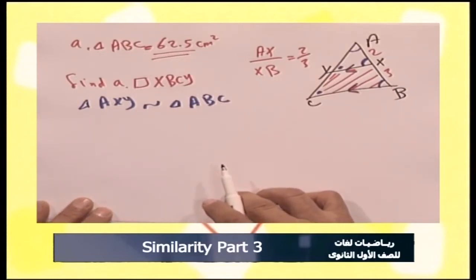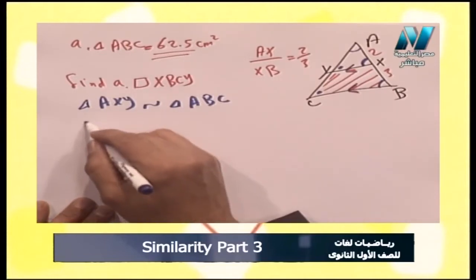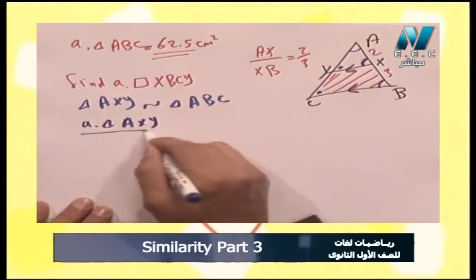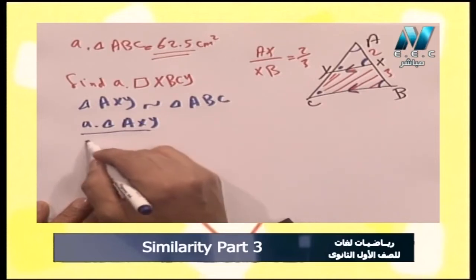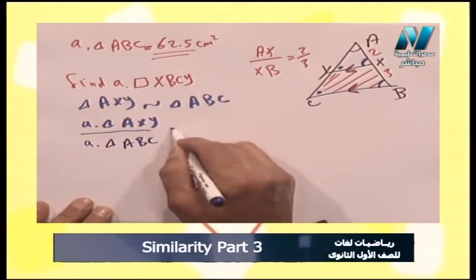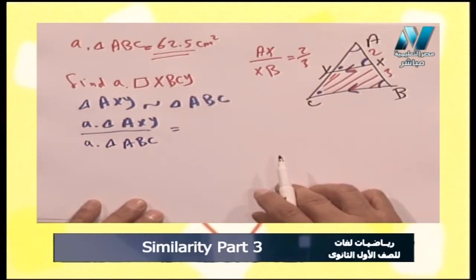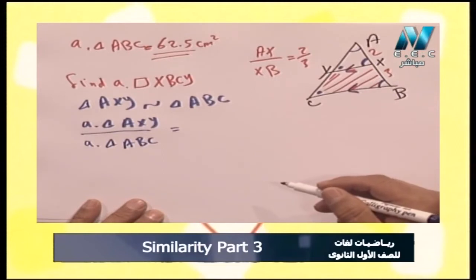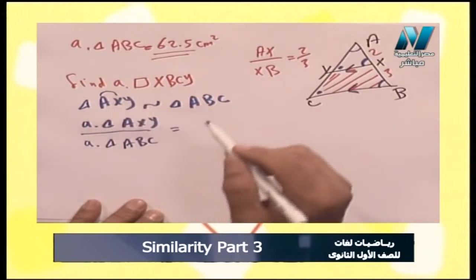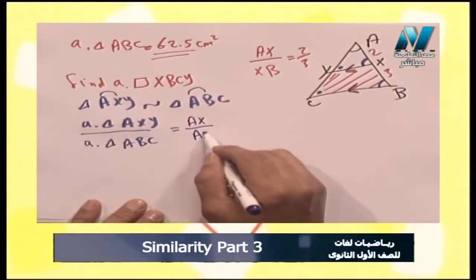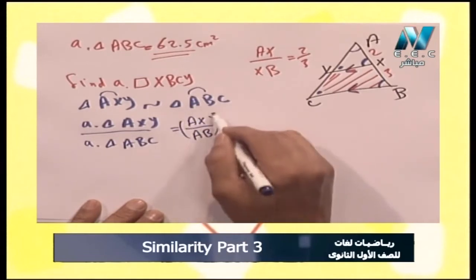And we will deduce that the area of triangle AXY over the area of triangle ABC equals what? Any ratio of these triangles, but to the power 2. So we can choose the ratio AX over AB, to the power 2.